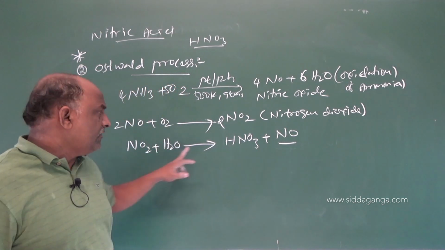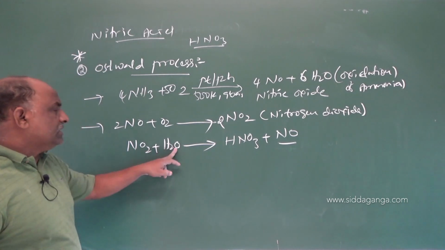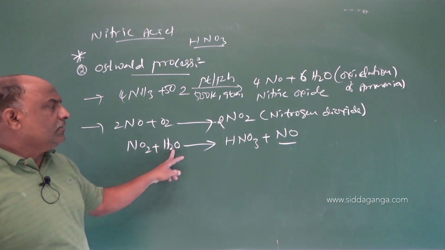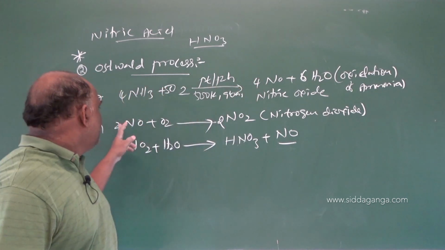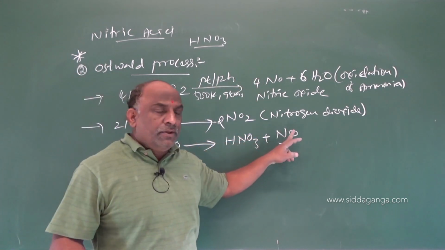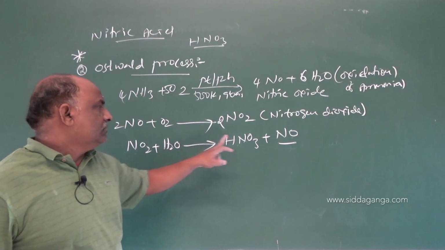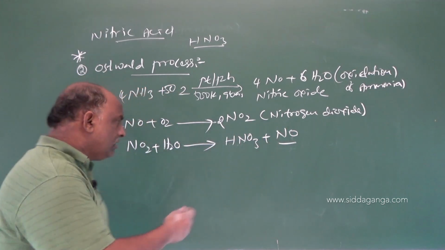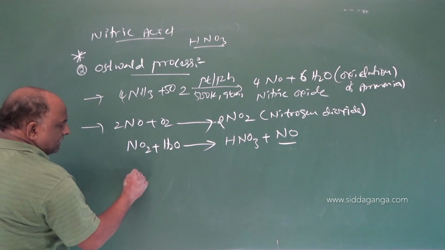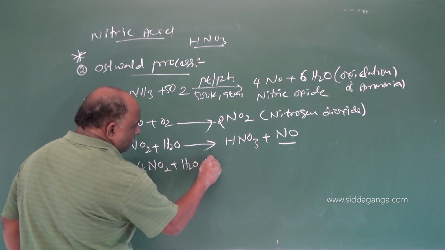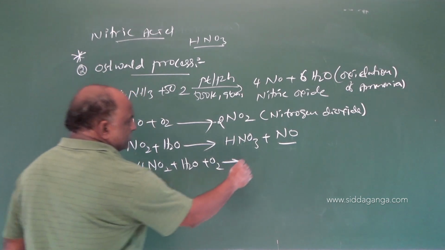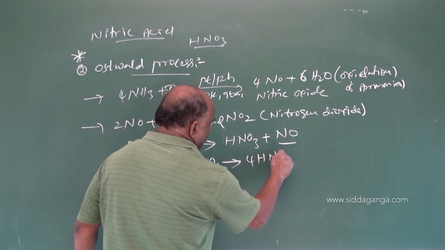So this is a very important reaction. NO2 plus H2O: nitrogen dioxide dissolved in water, we will get HNO3 plus NO. Again this recycled NO oxidizes to NO2. NO2 dissolved in water gives rise to HNO3 plus NO. Or, on the other hand, we can write this equation like this: 4NO2 plus H2O plus O2 gives rise to 4HNO3.